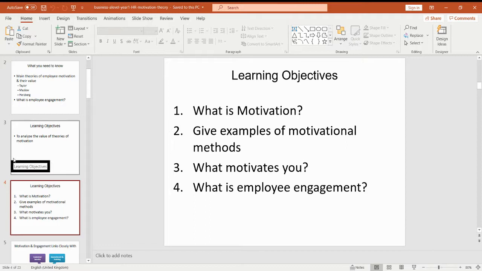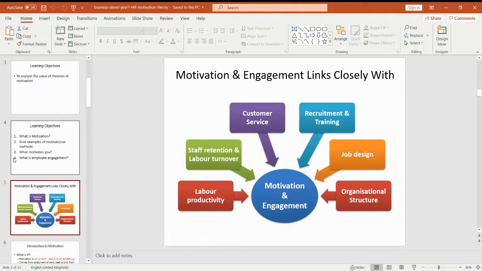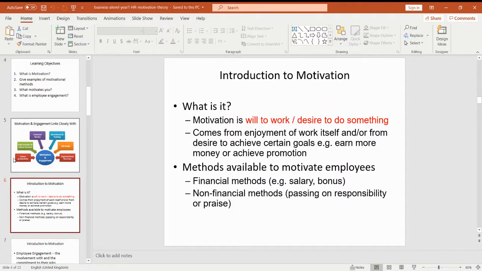Okay, so now you've probably had to think about the different types of methods that would motivate you. Maybe you're motivated by money, maybe by success, maybe by wanting to be around other people. So motivation is the desire to do something. Sometimes people go to work because they want a good salary, and with a good salary you can have a good standard of living, a nice car, a nice house, and so on.